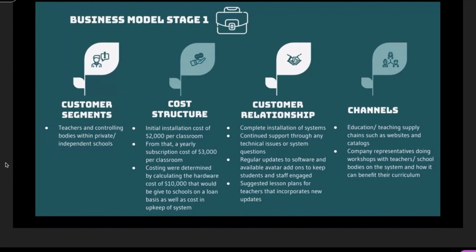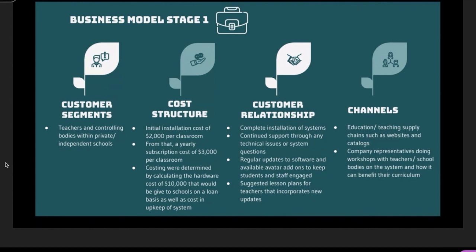If for some reason the school wants to drop that, then we can use that same system if the next school wants it. So it can be rolled over in that sense. And the more that we can mass produce it, the more we can drop the costing a bit lower.